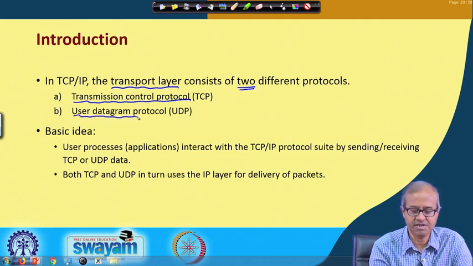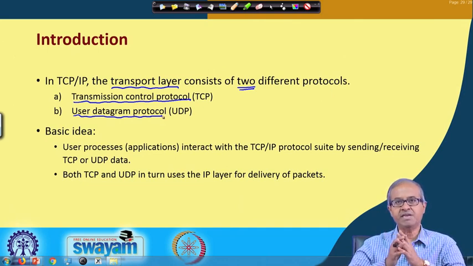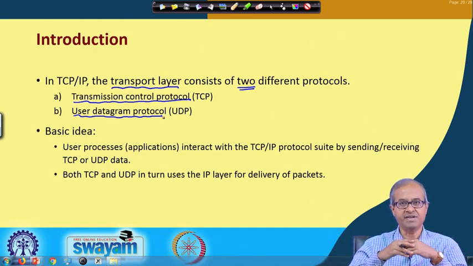Now, the basic idea is whenever there is a user program, some program which is trying to send or receive data from some other host on the internet, it interacts with either the TCP or the UDP layer.